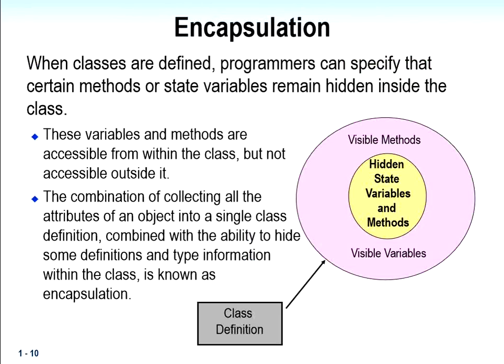Next is the important aspect of object oriented programming paradigm, your encapsulation. Encapsulation is a class itself, right? Class line, sometimes we call it as encapsulated. Encapsulation is a property. Class is the collection of the object.